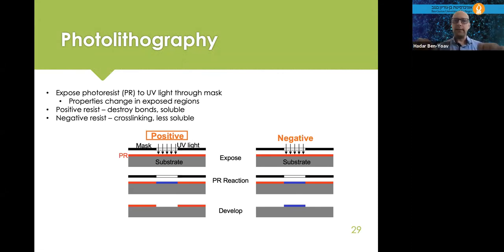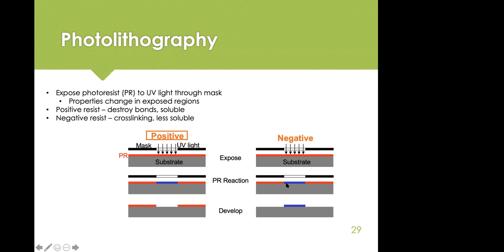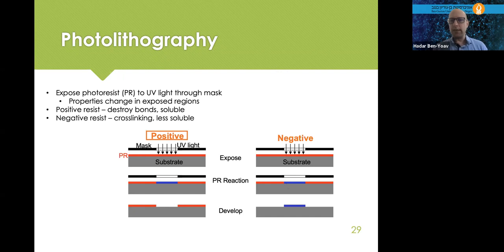When we put it in the solution that develops, this area will be removed and the other area will stay. For the negative photoresist, where the light touches, there's cross-linking between the bonds, and this area will stay after development.